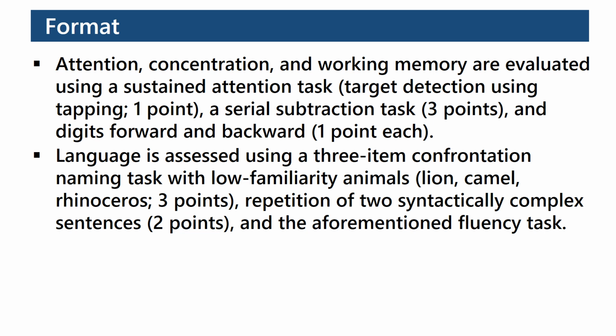Concentration and working memory are evaluated using a sustained attention task, a serial subtraction task, and digits forward and backward. Language is assessed using a 3-item confrontation naming task with low familiarity animals like lion, camel, rhinoceros, repetition of 2 syntactically complex sentences, and the aforementioned fluency task.